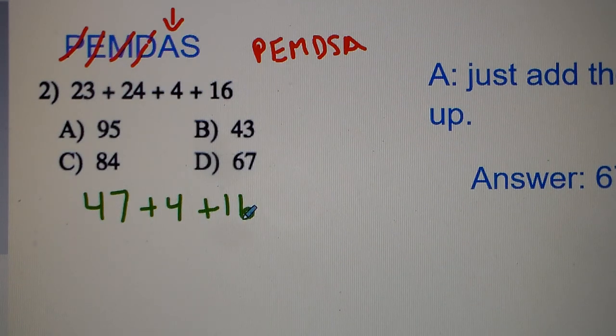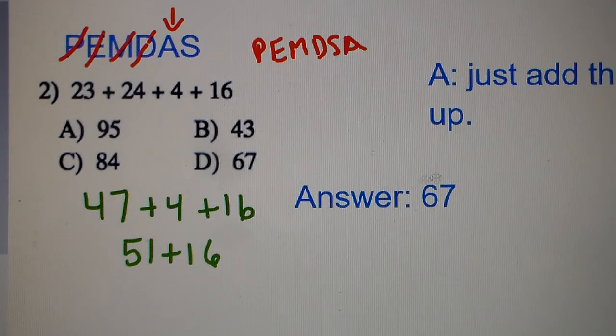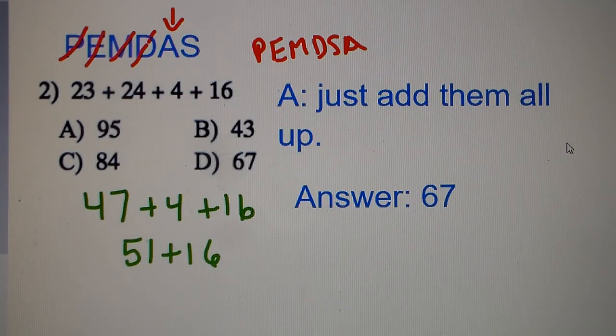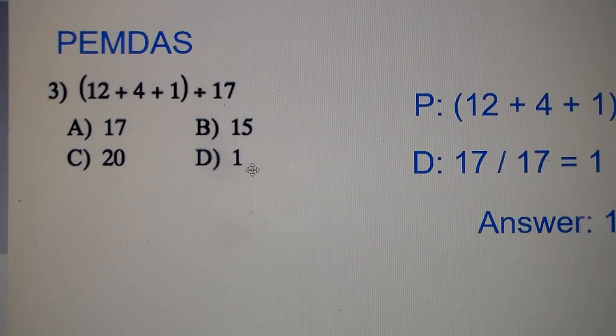So 47 plus 4 gets us 51. And then 51 plus 16 gets us 67. Yeah, it's one of those special scenarios where you just add them all up. But you have to get used to doing left to right when it's addition and subtraction.